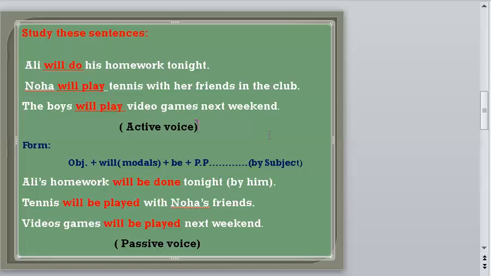We can say by him. The second and the third are the same idea. We start with the object, will be, the past participle, and then we complete. By the end we can say by and then the subject. These sentences are called passive. Why is it passive? Because in this sentence we don't know the subject. Excellent.